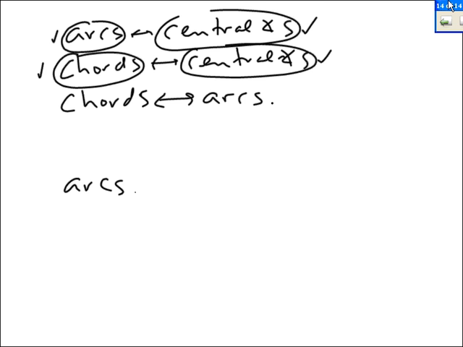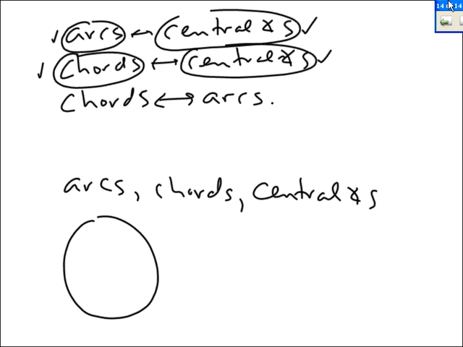The arcs, the chords, and their central angles of a given circle or congruent circles, they're all the same or they're all different.